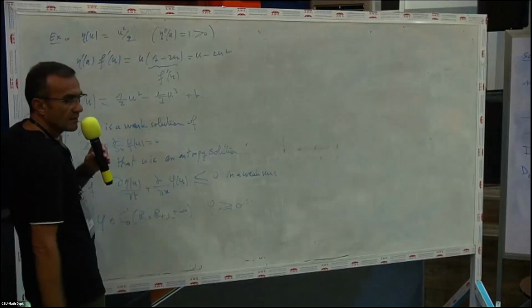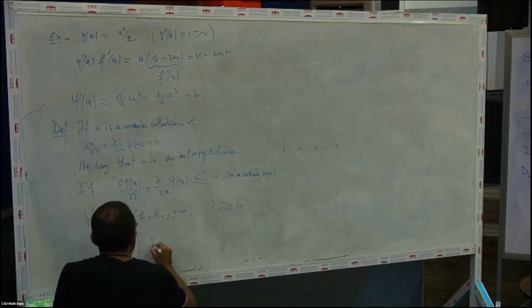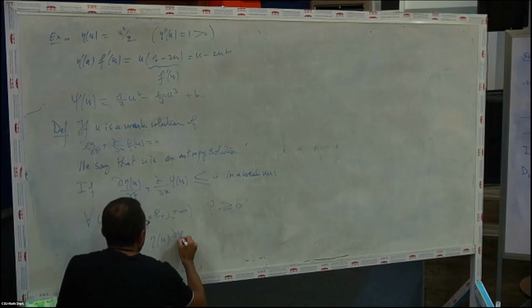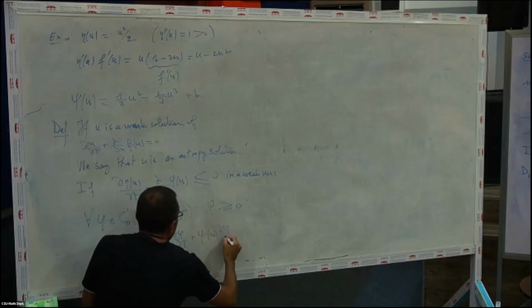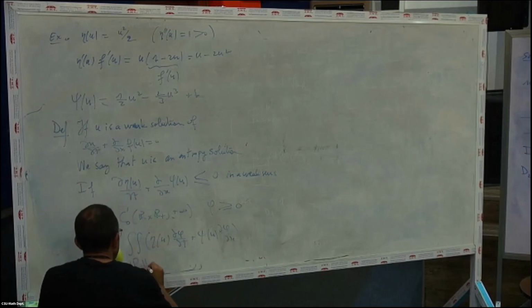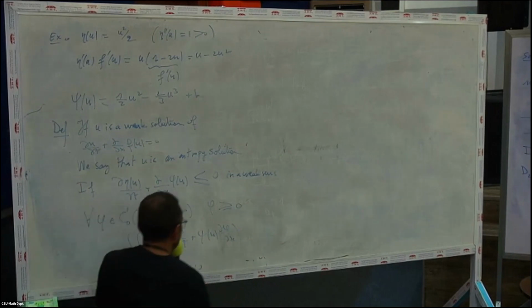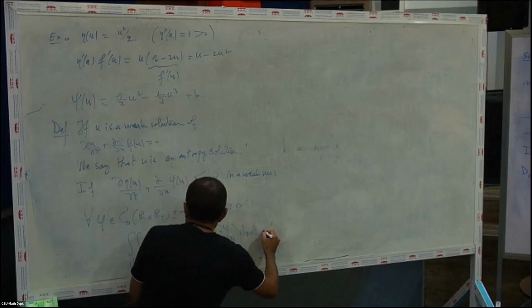So doing the integration by parts, you have something like: the integral of eta of u phi_t plus psi of u phi_x over R times R plus, dx dt, is positive.